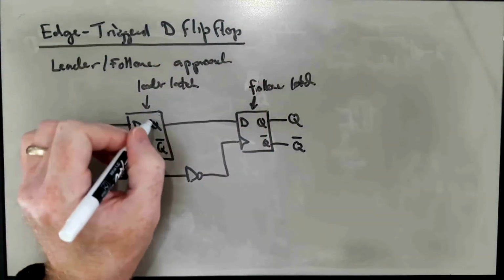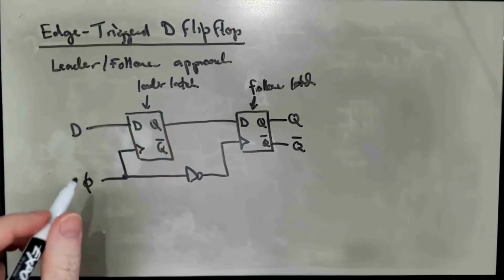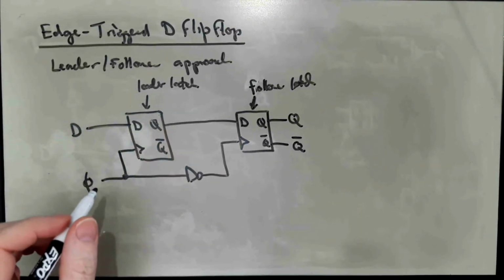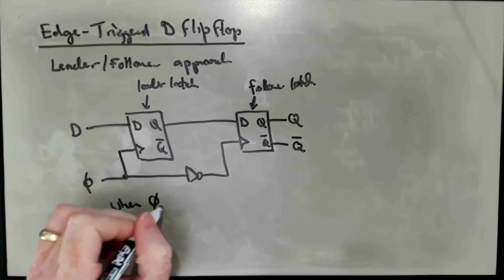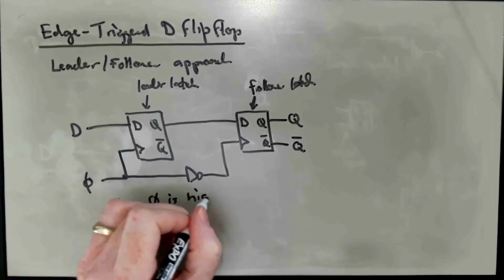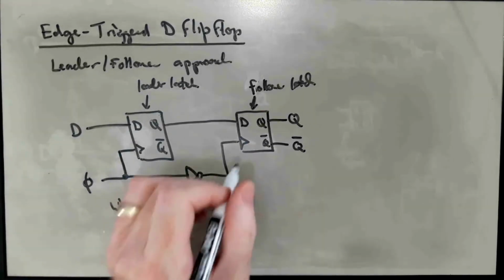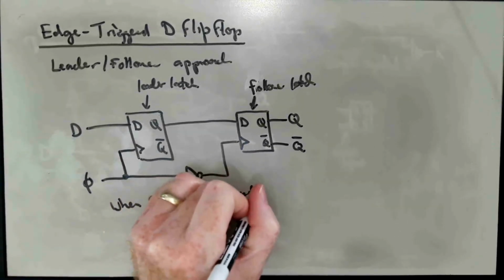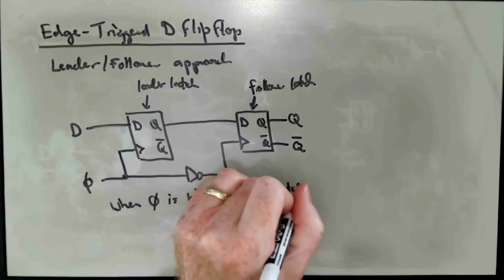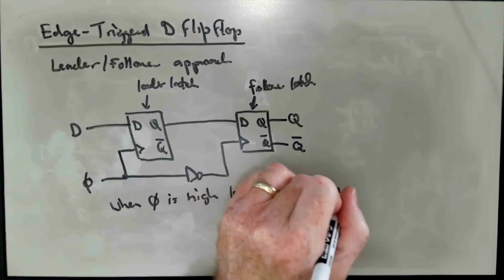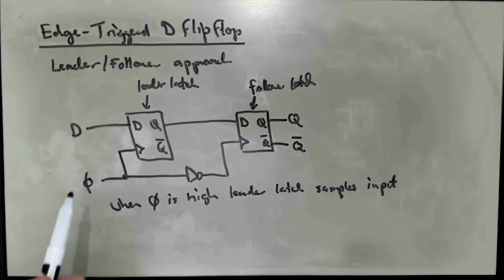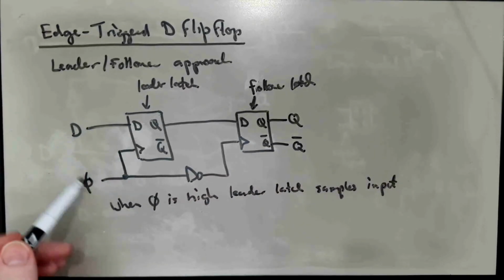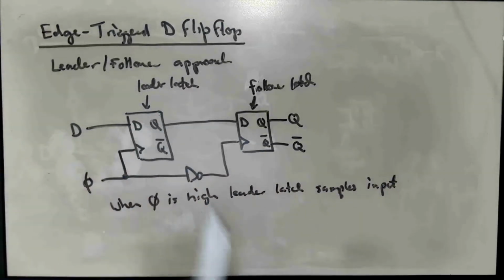so here, when phi is high, the leader latch samples the input. And as long as phi is high, D will propagate to Q without any delay.